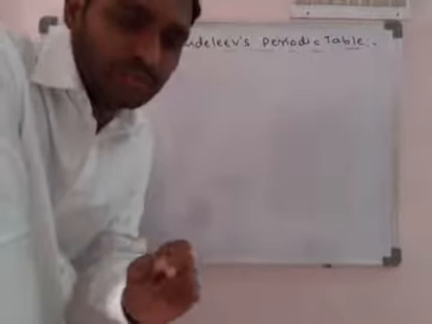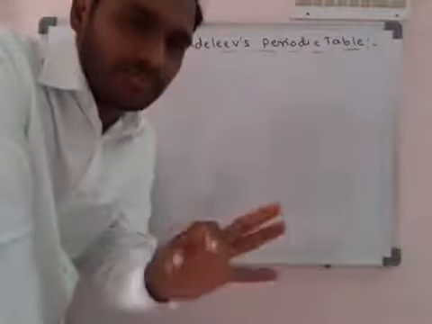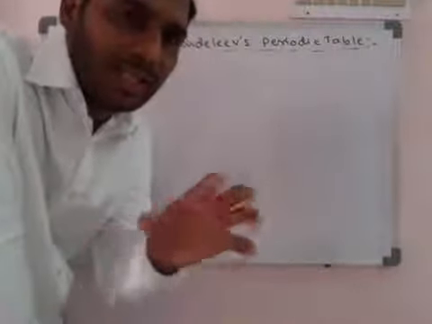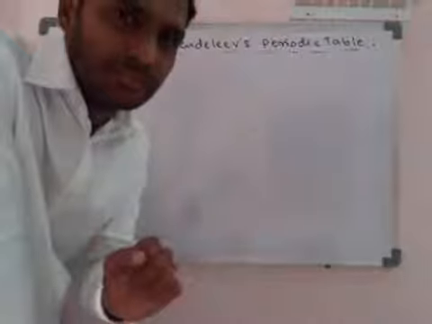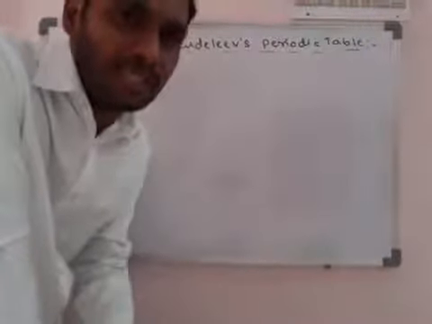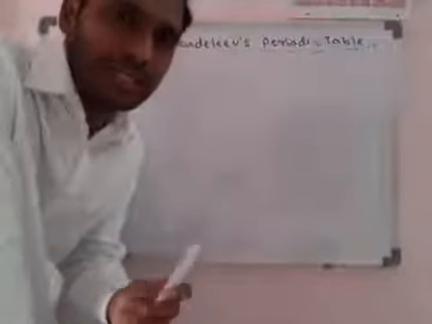So next, he made that table which contains 8 vertical columns. 8 vertical columns.